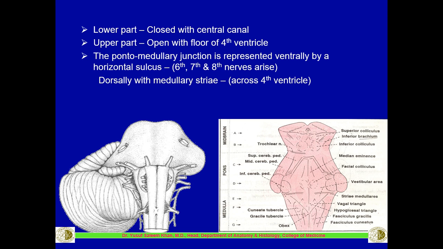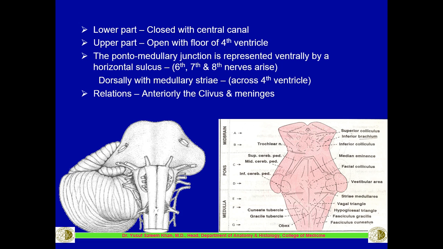If you trace it dorsally, posteriorly, you can see the stria medullaris crossing the fourth ventricle. So anteriorly we have the sulcus and posteriorly we have the stria medullaris. This indicates that the part below this will be the medulla oblongata.